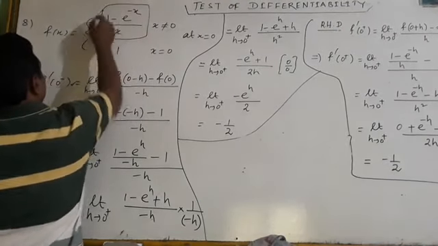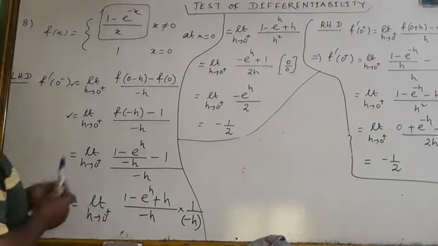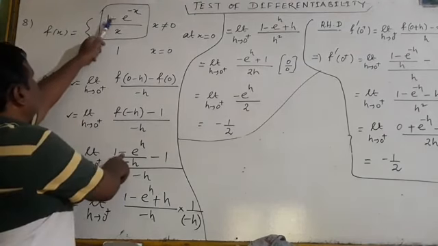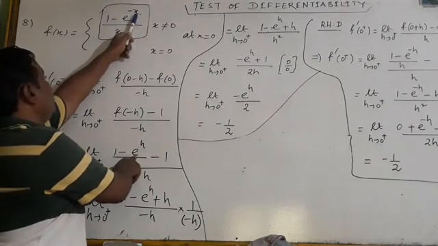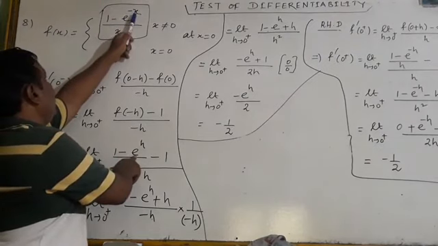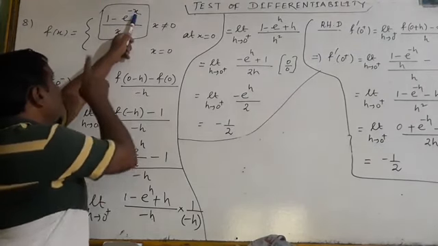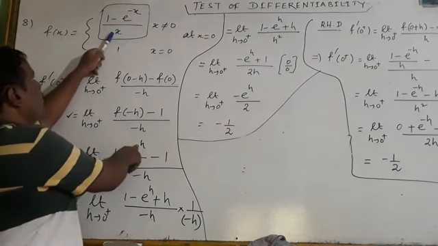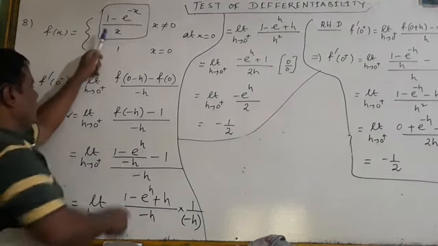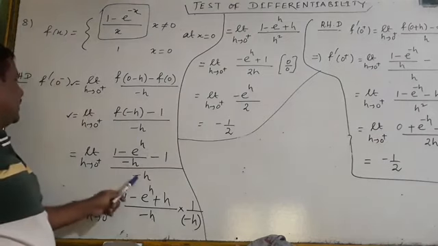Just put minus h in place where the x is. Where the x is, you put minus h, means 1 minus e to the power minus x, here you have to put minus h, so it becomes plus h. Look here. You put minus h, it becomes minus h. Then minus 1 by minus h.